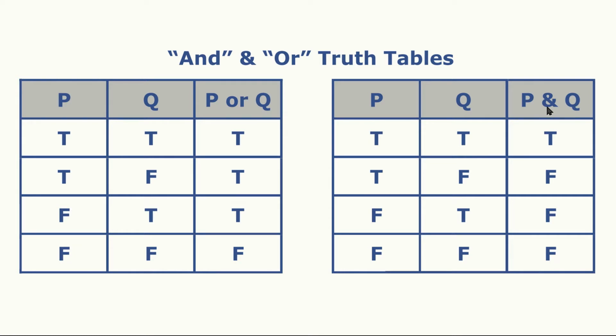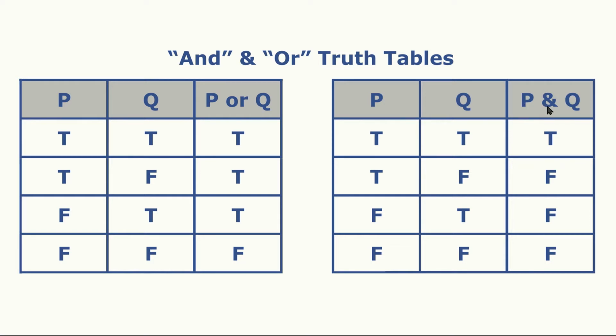Now, when it comes to and statements in mathematics, this is all basically coming originally from the field of logic, but we apply it in mathematics all the time as well. Mathematics in many ways can be thought of as applied logic. Notice that it's a very different story.